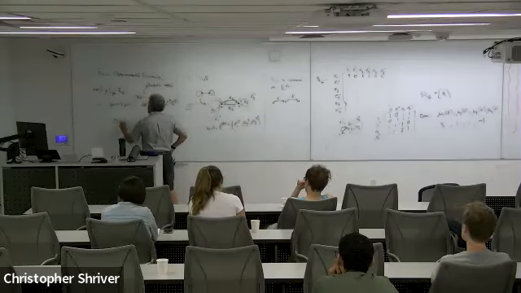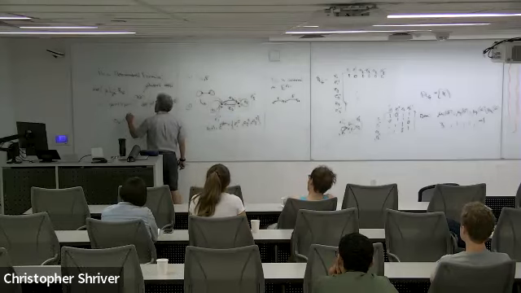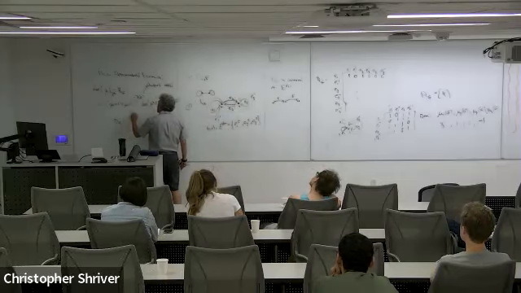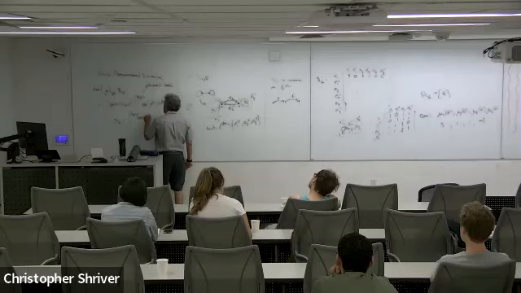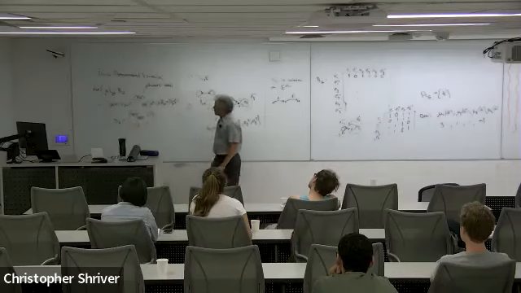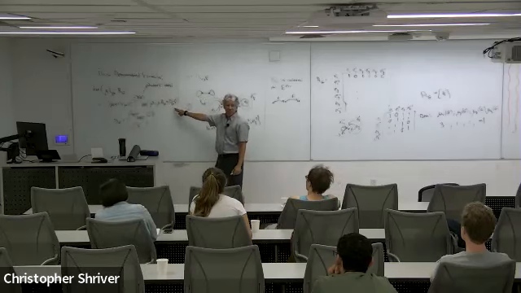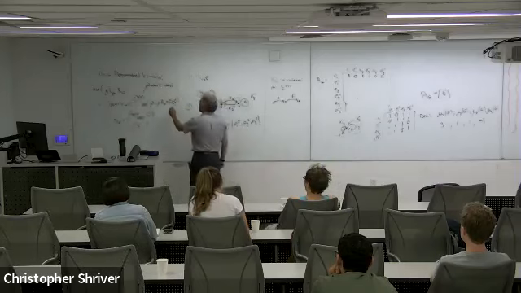So d sub g is the degree of the first vertex, degree of the second vertex, and so on. Sometimes d sub g minus one is called q for a reason that number theorists will tell you.